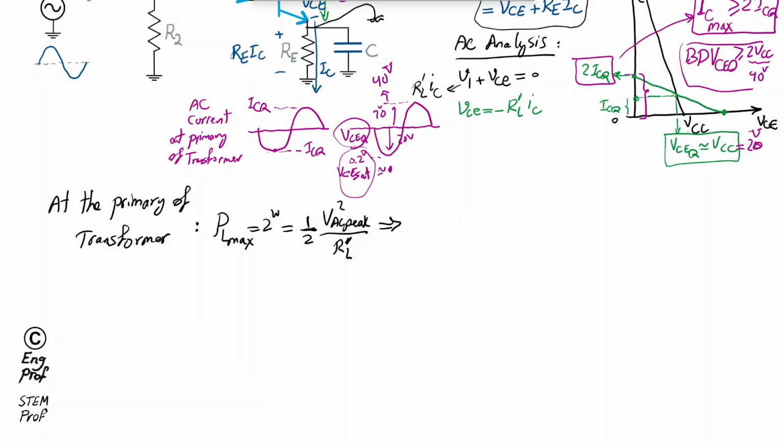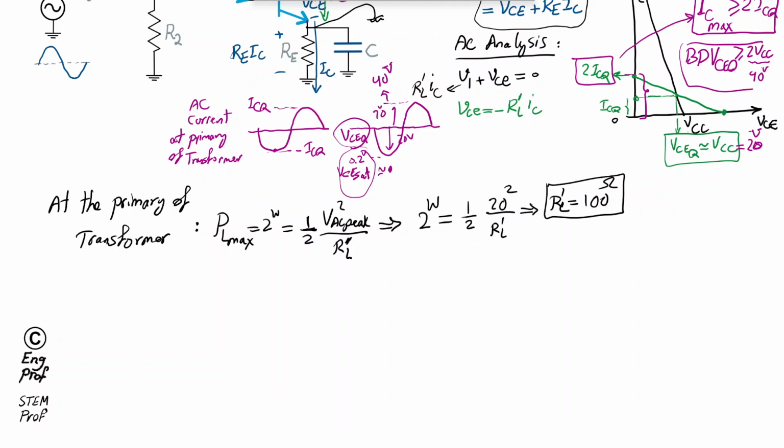So now we have everything. We now have 2 watt equal to 1/2, and it's 20 volt as we discussed for peak to peak, low peak to high peak, so it's 2 times 20, so the peak is 20, and therefore I can write 20 squared over R prime L. When we do this, R prime L is effectively 400 divided by 4, which is 100 ohm.